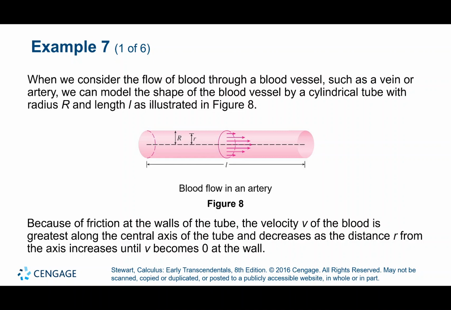With laminar flow, what we're thinking about is blood flowing through an artery, and it typically flows slower toward the wall of the artery than it does through the middle part of the artery. It has more friction with the wall, things like that.